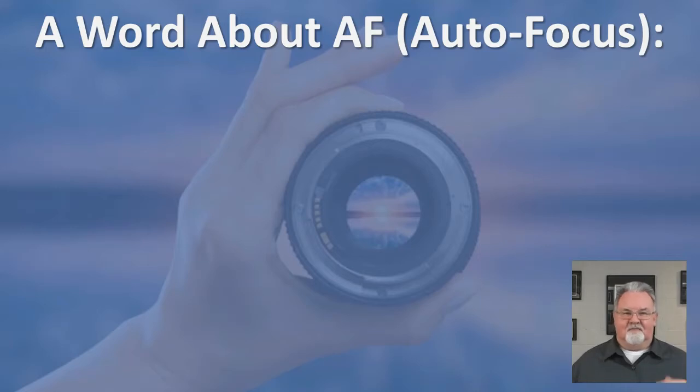Now, at this level, an introductory photography class, we're not going to get into all the fine nuances of how to fine-tune autofocus systems and how to switch your autofocus from one button to another, and all of these sorts of things. Those are wonderful things, and they will be worth your exploration.